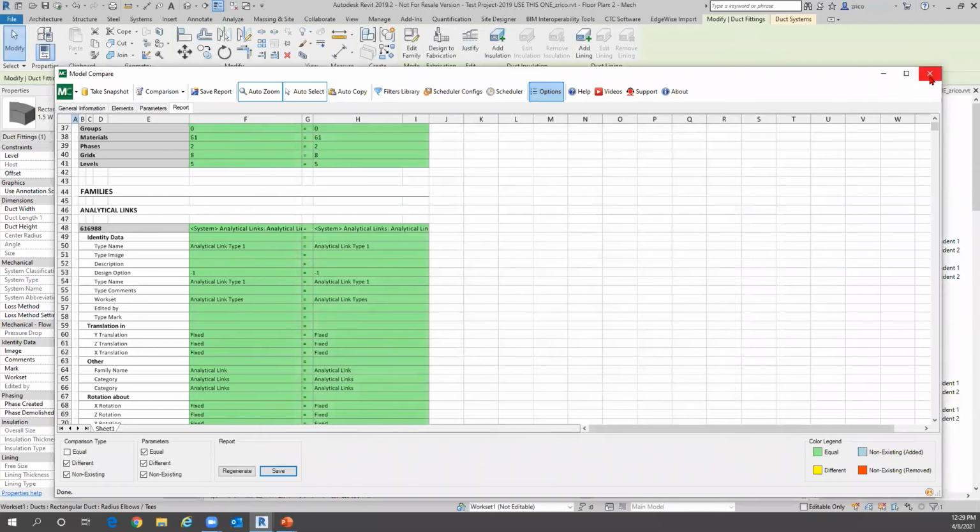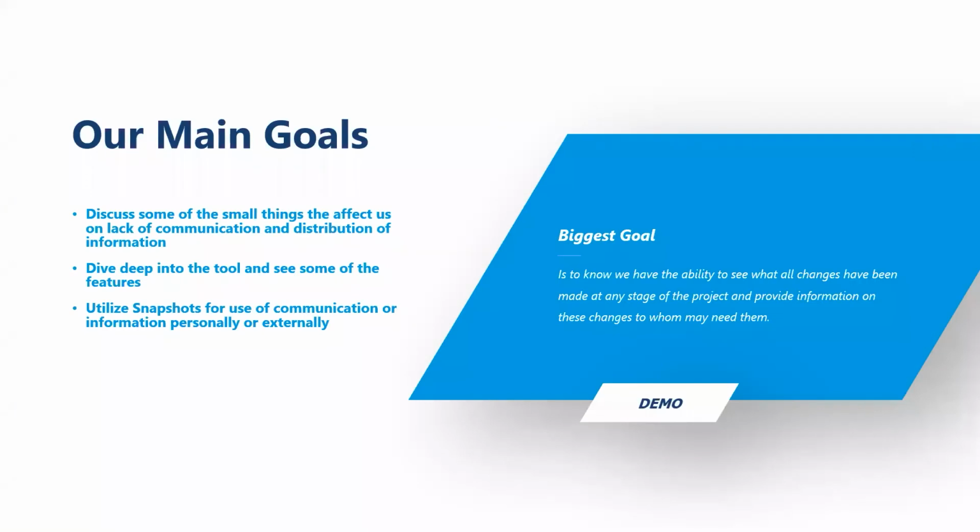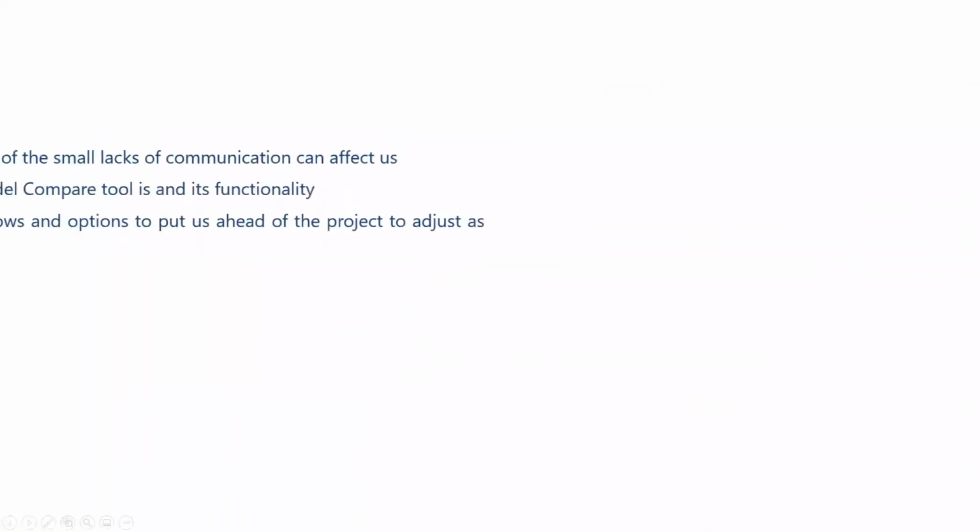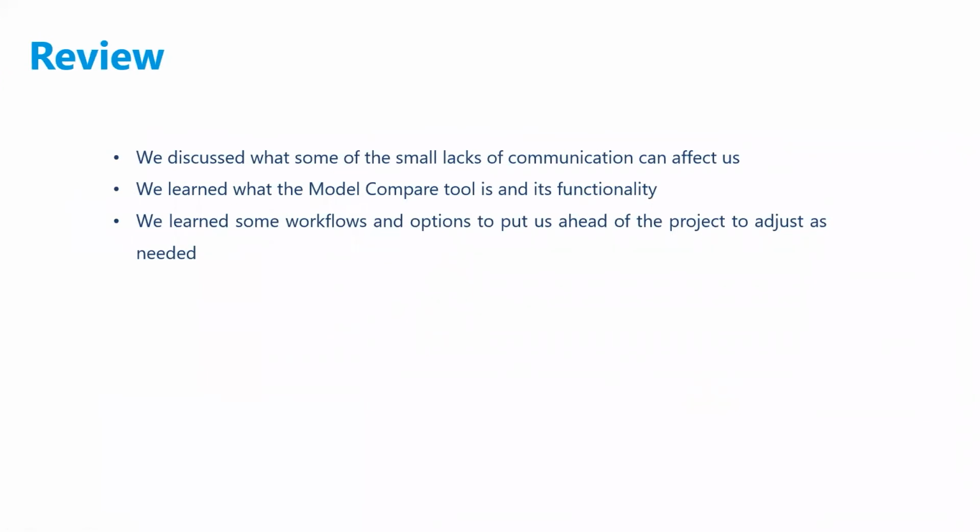So that's the rundown of it right now. Let's go back into our presentation here, go over a little bit of review and a little bit of extra stuff. Now, we did discuss some of the small lacks of communication, with everyone spreading emails, making phone calls, doing adjustments, things like that.